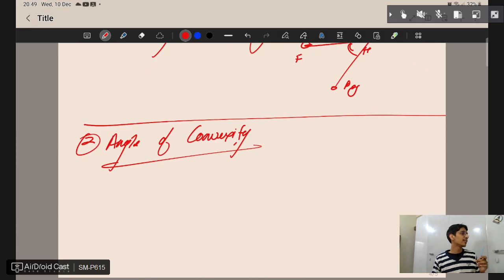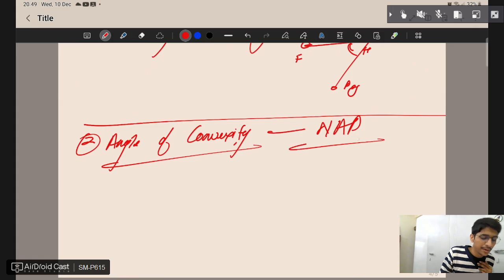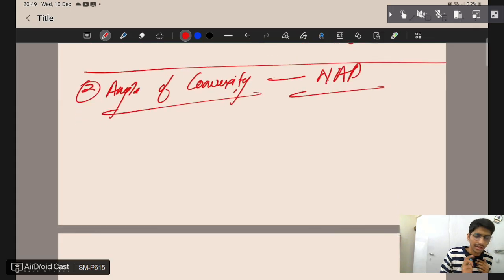Just see what points can tell you about convexity. One will be nasion, one will be point A, since point A is present on the maxilla, and the third point will obviously be the pogonion. So how can we remember this? NAP. The reference plane is the same, FH plane plus NAP.